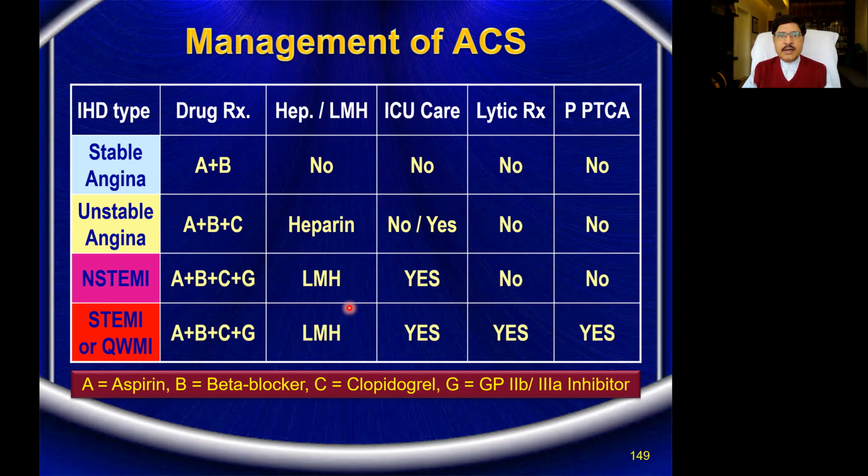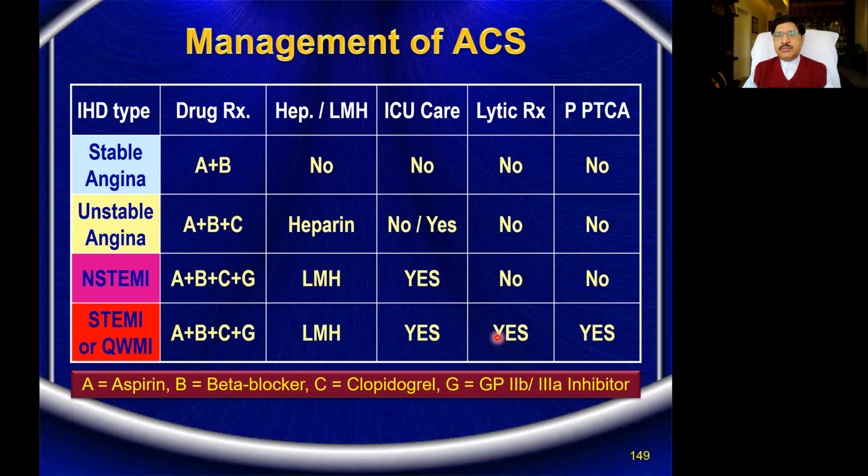Same drugs here, same ICU care, lysis. If there is no facility for angiography and then the intervention, you can give thrombolytics there and then, at the health center level itself. Like your streptokinase or urokinase, and all the modern agents you can give, which are injectables also, no need of a drip.